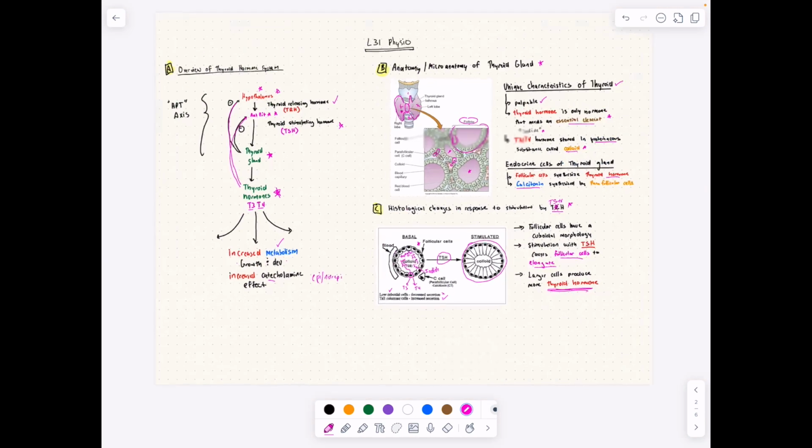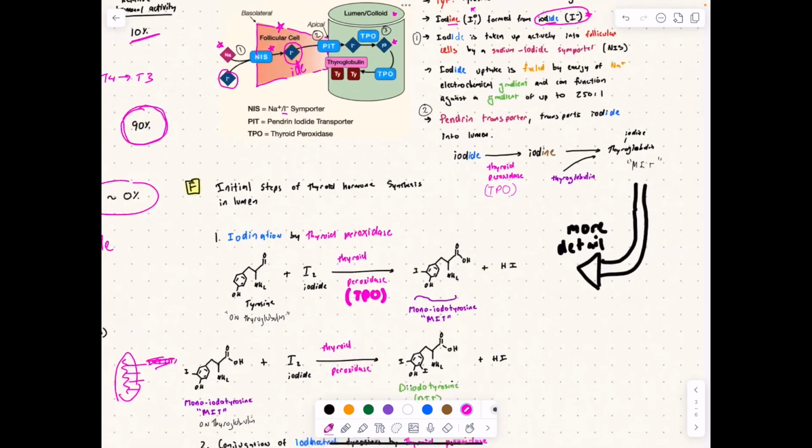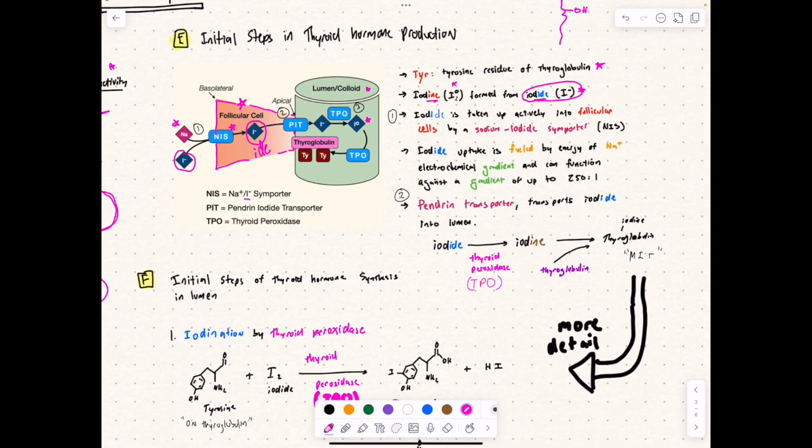Okay, so that's kind of the overview, but more specifically, we have iodine being formed from iodide, but it has to go through two transporters first. The first is the sodium iodide transporter, and then the pendrin iodide transporter into the lumen of the follicle.